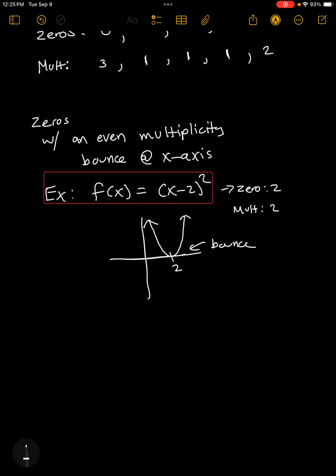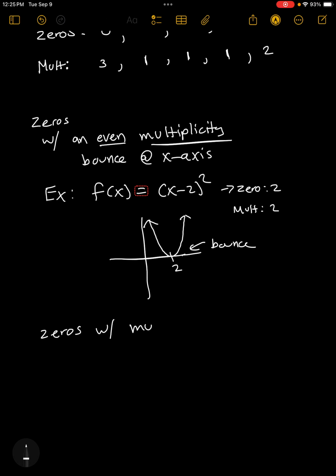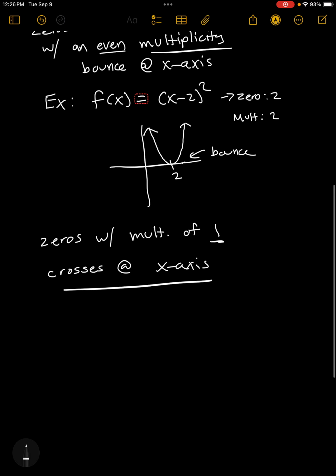Zeros with a multiplicity of 1 cross at the x-axis. Let me give you a quick example of that: f of x equals negative x plus 3 times x minus 2.